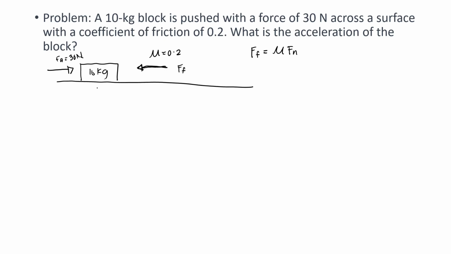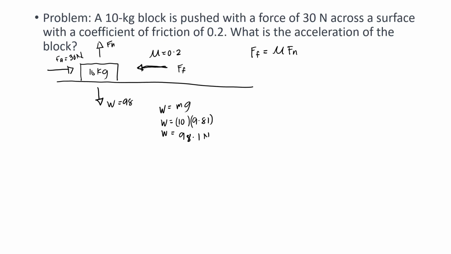As I said earlier, the value of the normal force is equal to the value of the weight, guys. So for us to get the normal force, we must first get the value of the weight. The formula for weight is mass times gravity. So we can simply substitute the values. The mass is 10 kilograms and the gravity is 9.81. There we can get the value for weight, that is 98.1 Newton.